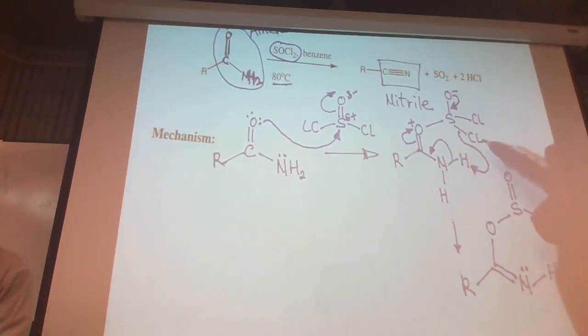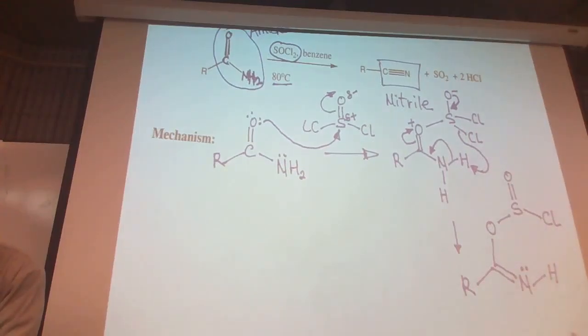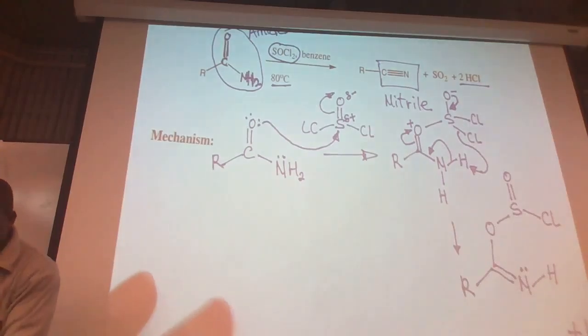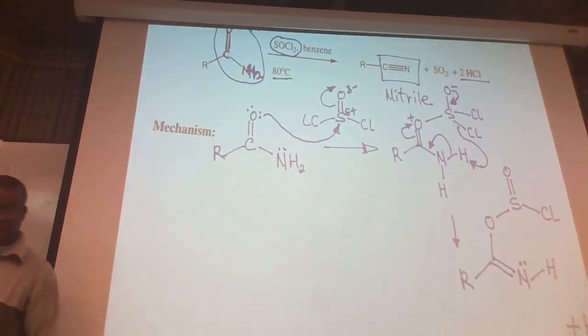So this chlorine has picked up this hydrogen to form the first mole of HCl. Okay, so you can see that in the byproduct you have 2 moles of HCl there. So that's how you get the first mole of the HCl.